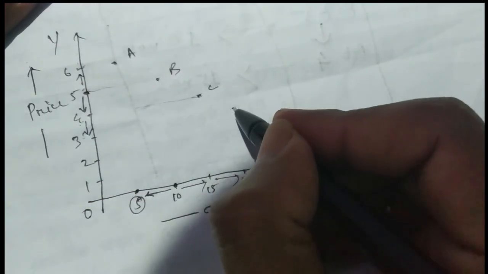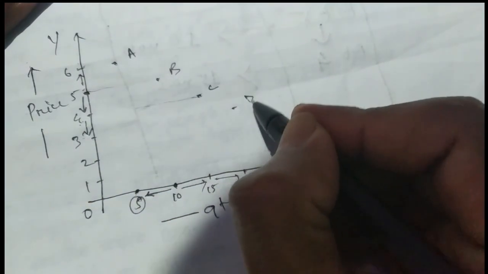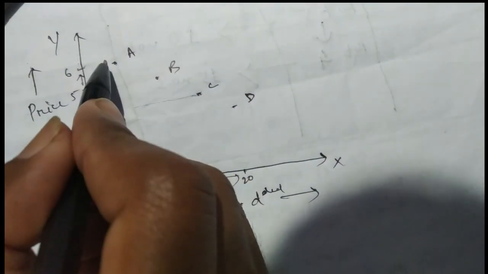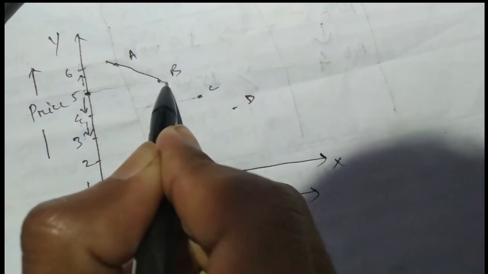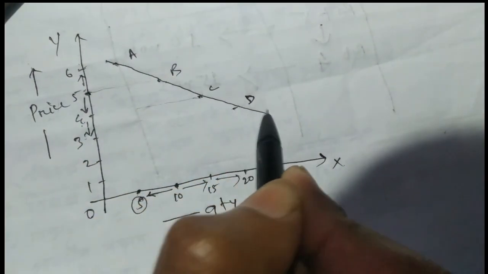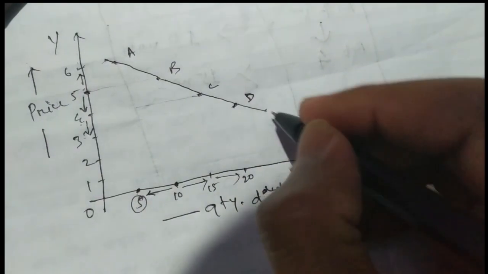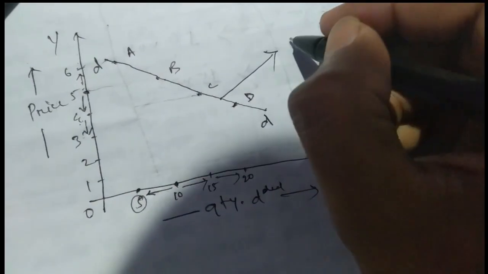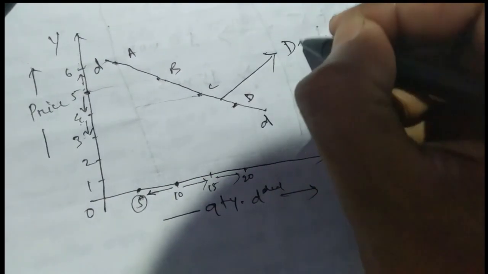If you name these points A, B, C and D, and join these points, then we get a curve like this. You can write this curve as DD, and this curve is called the demand curve.